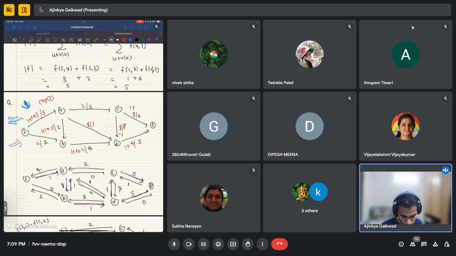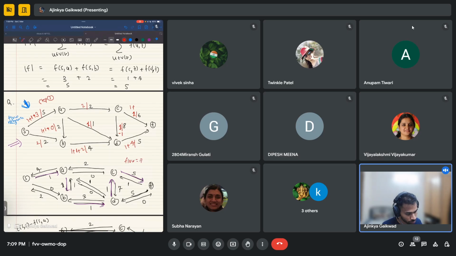Now, okay, I'm already out of time. What you can do is take your time when you are free and try to draw a residual network of this graph where I have flow equal to 7. You will see that once you draw a residual network and try to calculate an augmenting path, there will be none. You won't be able to find an augmenting path because 7 is maximum as far as I think.